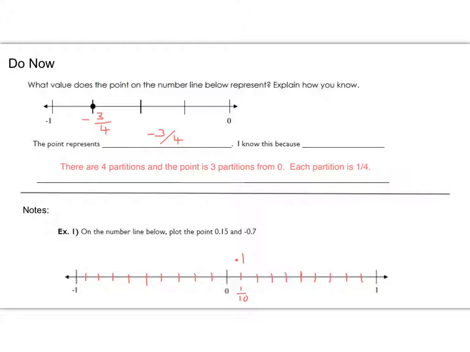Because that's the 10th spot. So we're going to label each partition with its decimal, okay? So 0.6 and 0.7 and 0.8, 0.9, and then of course the last one is 1.